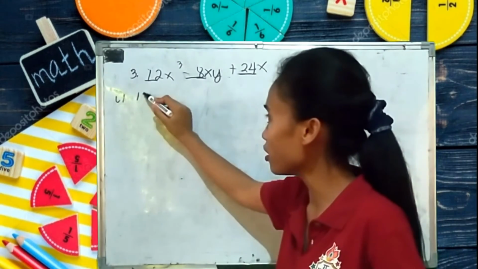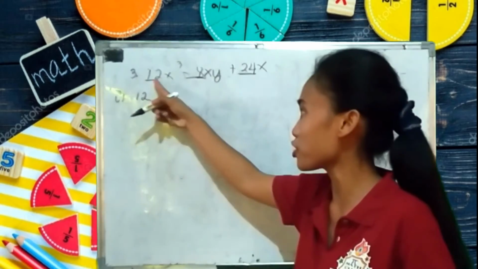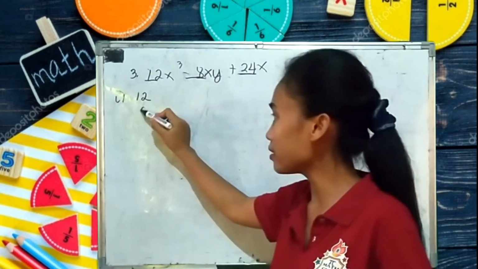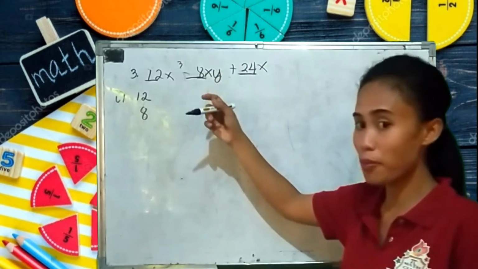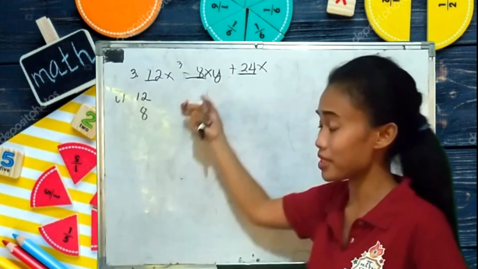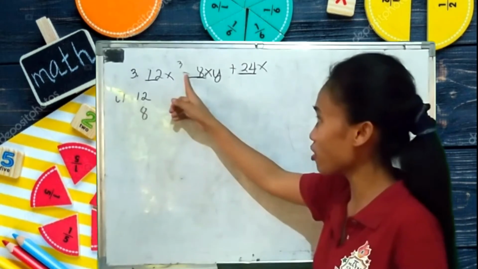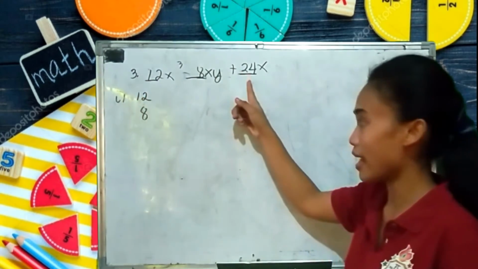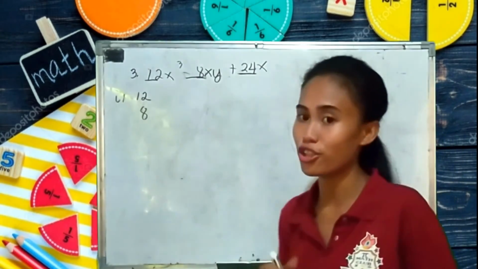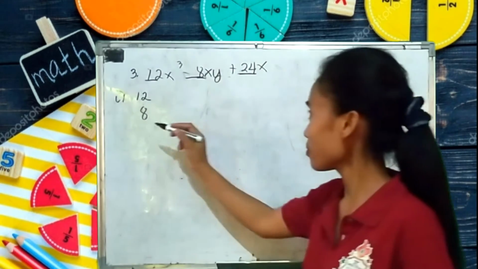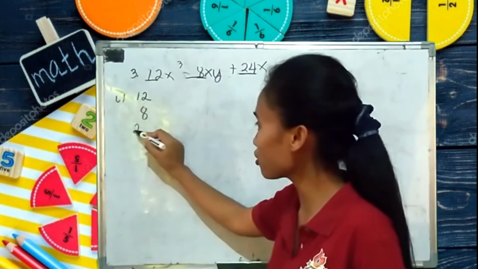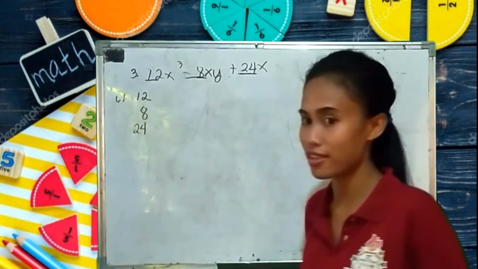Okay, so we consider 12, the numerical coefficient of 12x cubed, and 8. Actually, the numerical coefficient of the second term is negative 8. But then, since negative is not common to your first term and your last term, we can consider your positive 8. And the coefficient of the last term is 24.